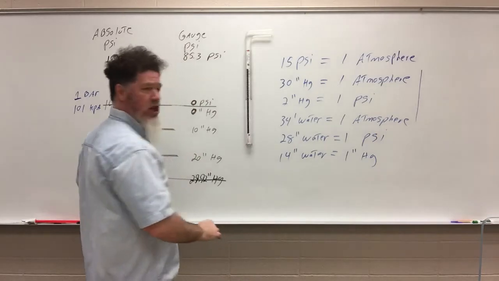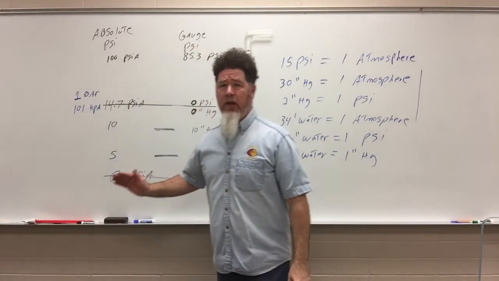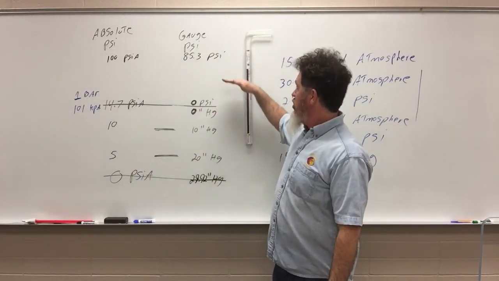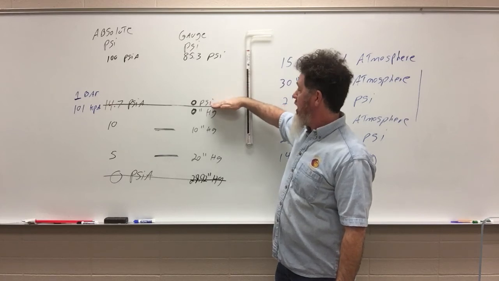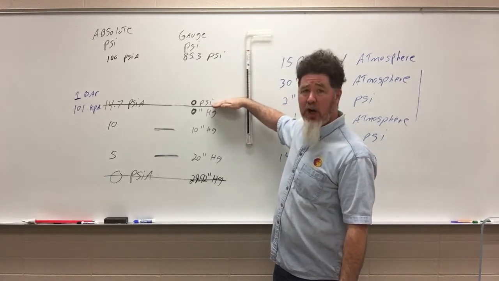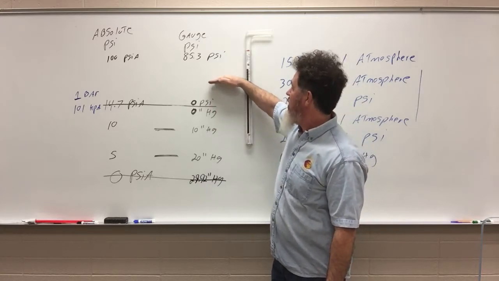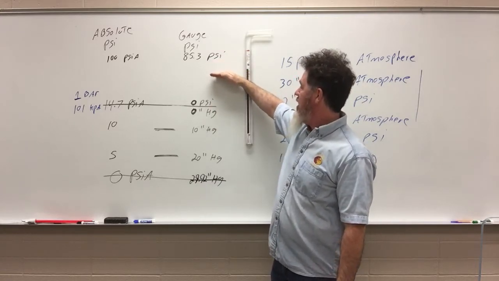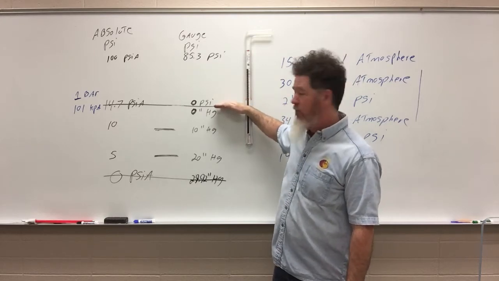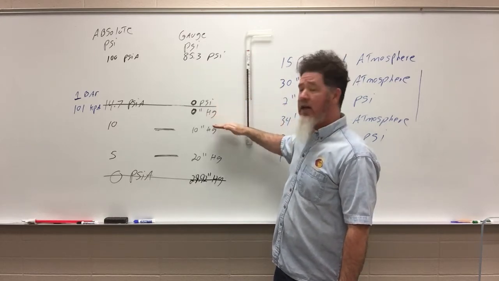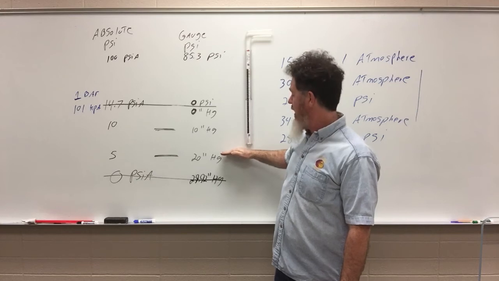So let's take a look at this chart over here and look at the relationship. Typically we're looking at PSI. If I look at my oil pressure, 30, 40, 50 pounds of pressure, that's fine. If I'm looking at intake manifold vacuum, my engine vacuum, I'm normally looking at inches of mercury.